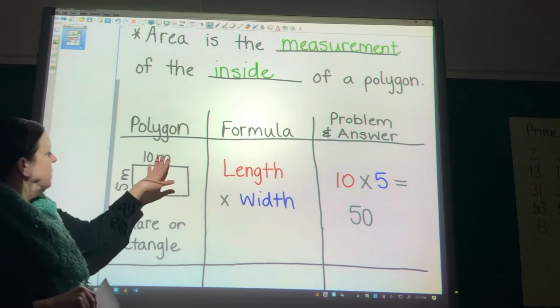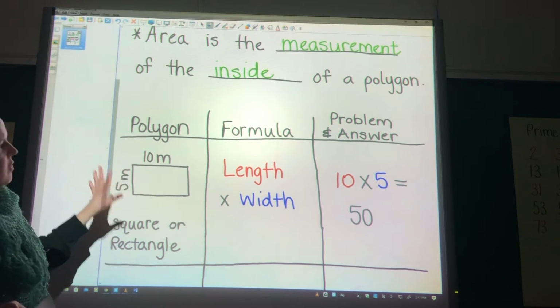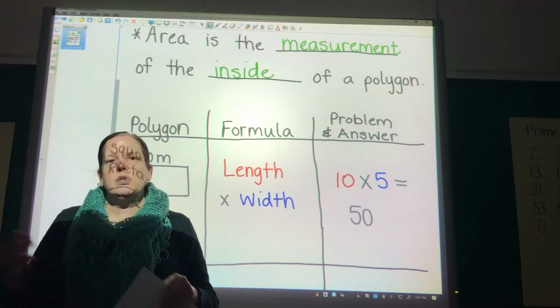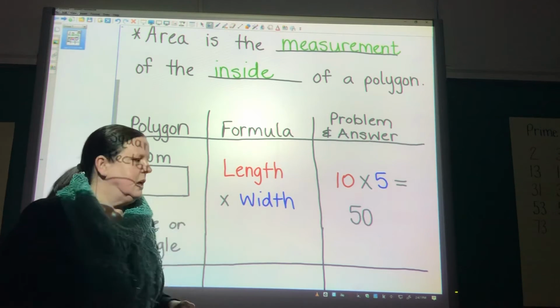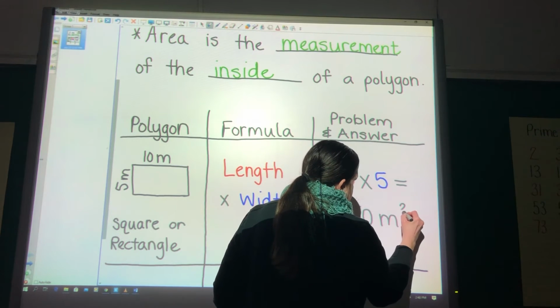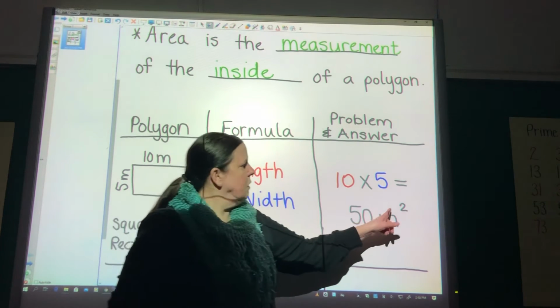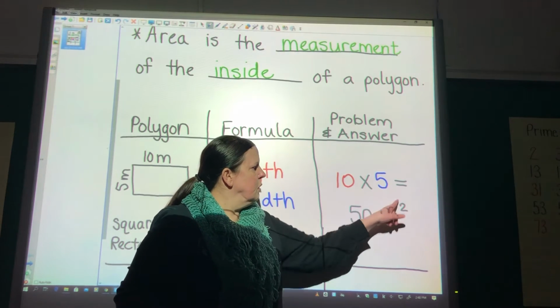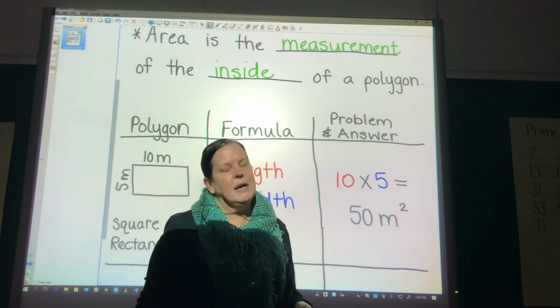So we are measuring in meters. On area, you have to square whatever you're measuring. So this is 50 meters squared. I have the little 2 up there to show squared, 50 meters squared.